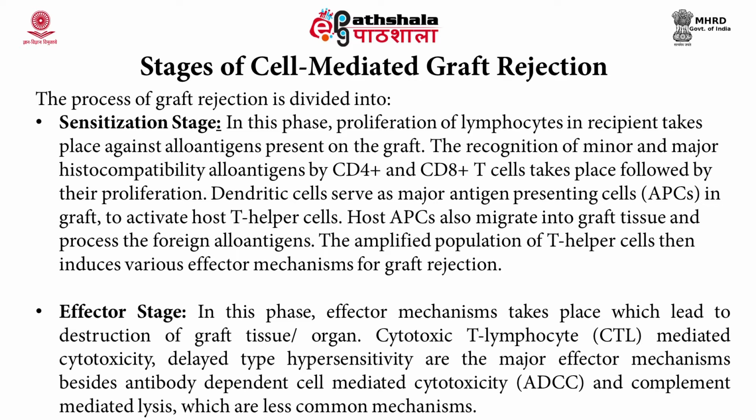In some experimental cases, the donor APCs have been reported to induce tolerance in the recipient for the surface antigens. Endothelial cells and Langerhans cells are the other APCs besides dendritic cells that help in alloantigen presentation. The amplified population of T helper cells then induces various effector mechanisms for graft rejection.